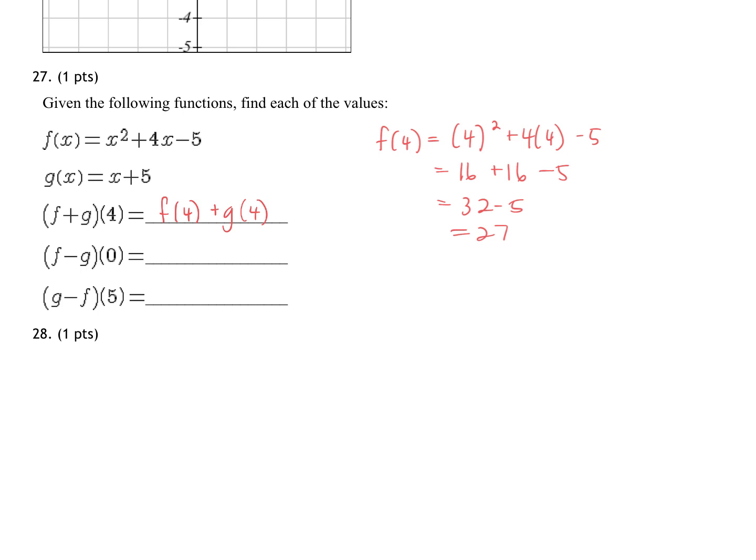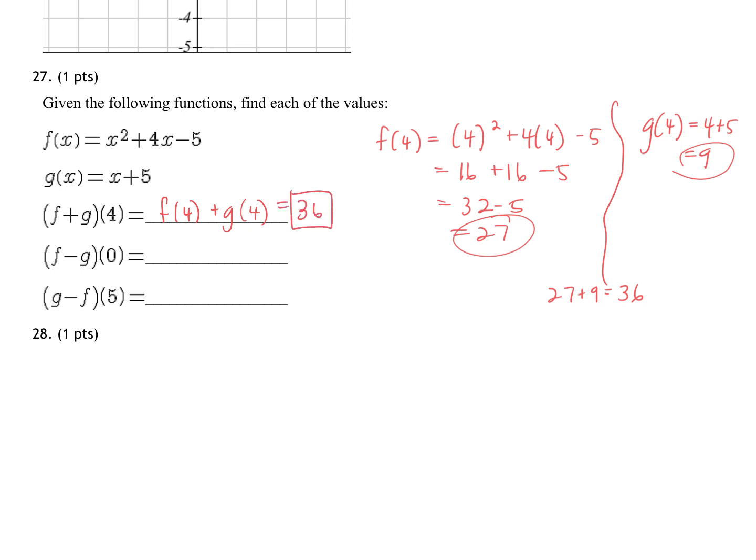So that is the f of 4. Okay, now we're going to find the g of 4. So g of 4 is 4 plus 5, which is 9. And now it wants us to add these two together. So 27 plus 9 is equal to 36. So that's our answer.